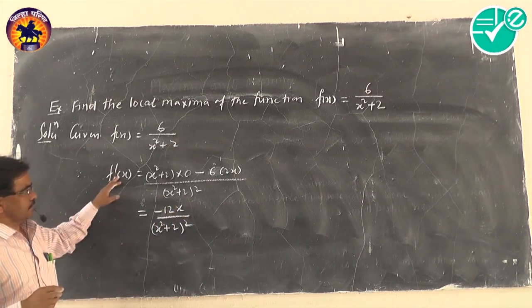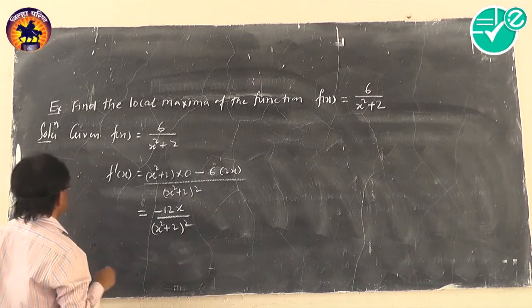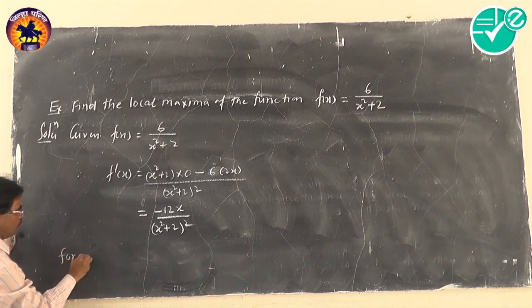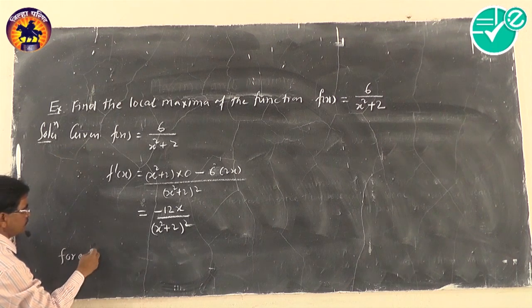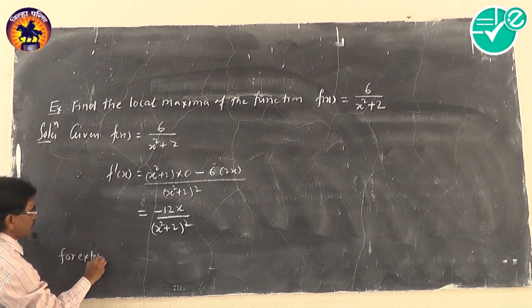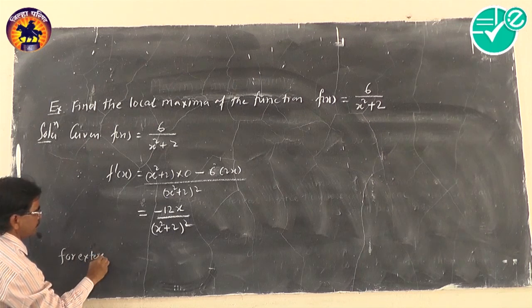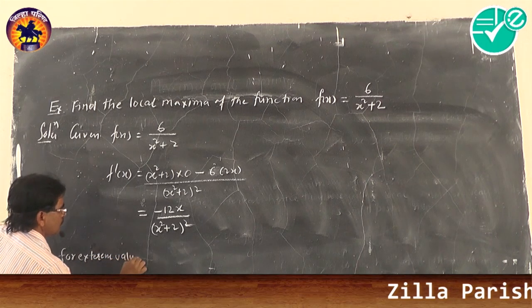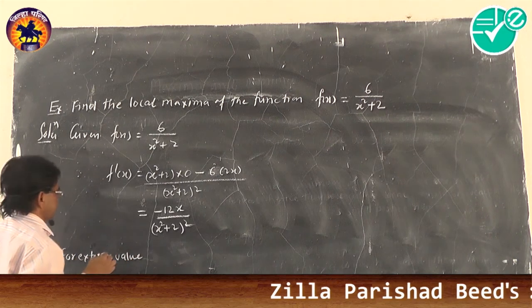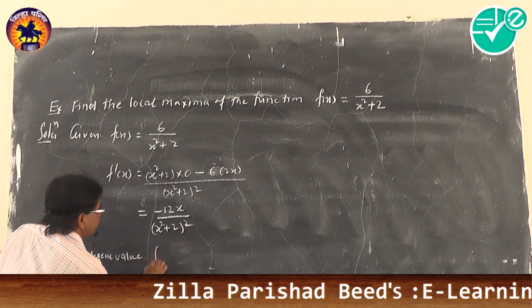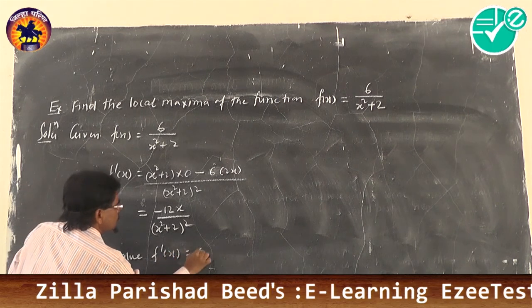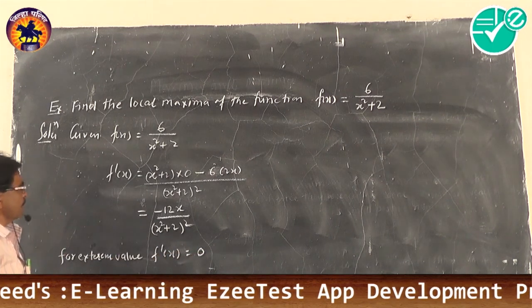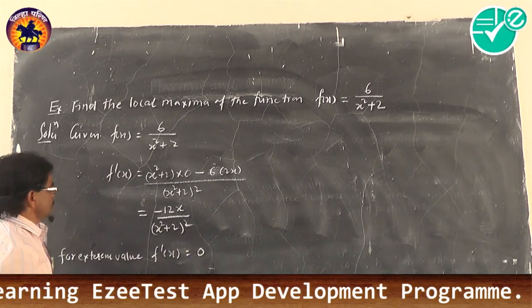This is f dash x, but we know that for extreme value f dash of x is equal to 0, means for maxima or minima f dash x is always 0.